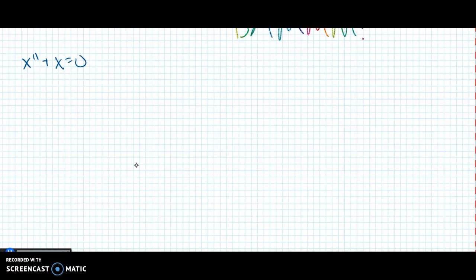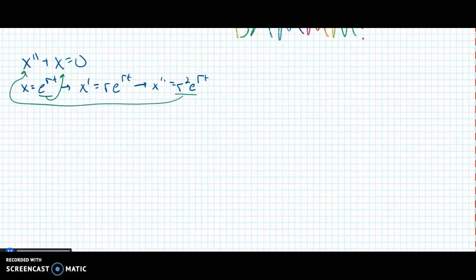If I were to let my solution process for this is to let x equal e to the rt, then that means x prime is re to the rt, which means that x double prime is equal to r squared e to the rt. From there, I sub in this right here for x and this right here for x prime.